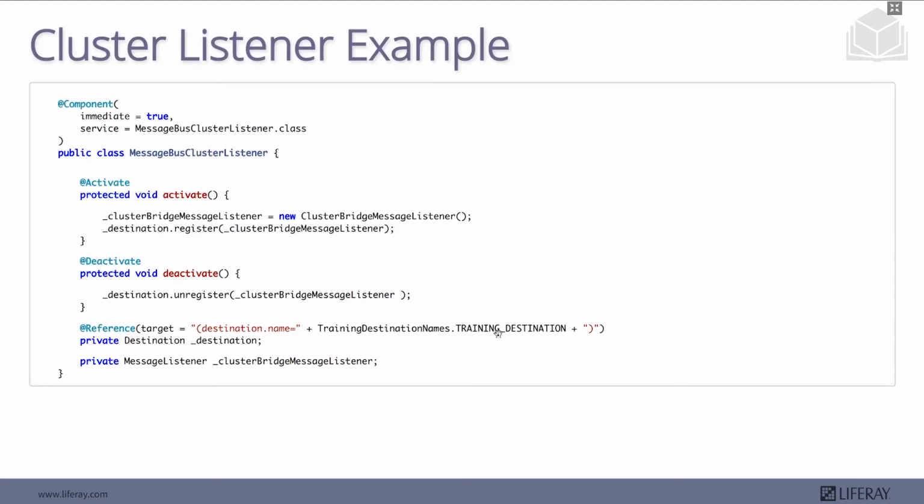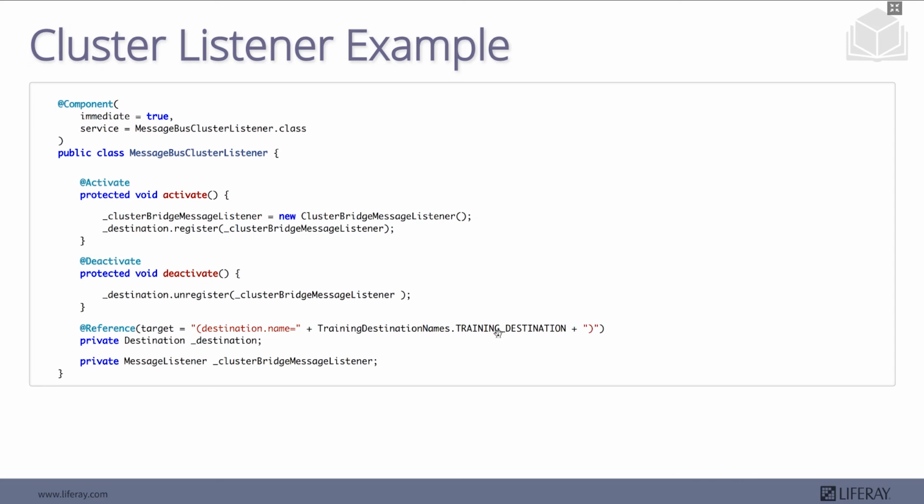So for this example here, if you look down towards the bottom at the @reference object, we're going to be targeting our specific destination, and we first start off by registering the listener at this specific destination. So get a reference of the destination object, and we're going to target our specific destination that we want to register at.